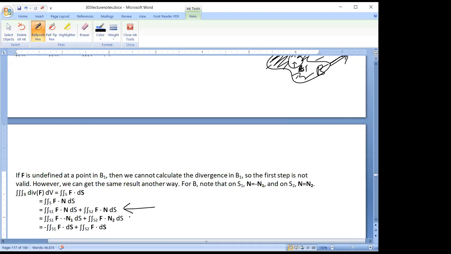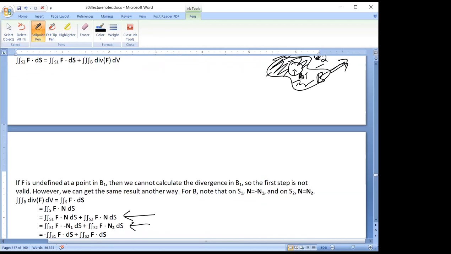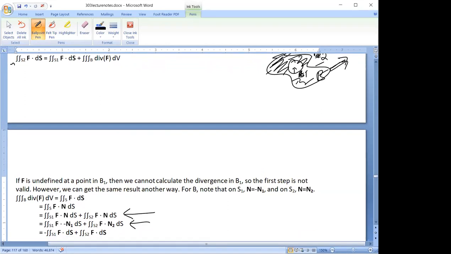And on S2, it's still regular N2. And then finally, you just get the difference of the two. One of them is negative, and that winds up being equivalent to the equation that we had before right here.